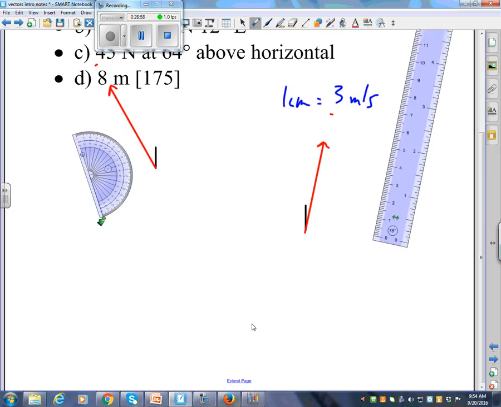So horizontal simply means flat. So above the horizontal, sometimes abbreviated ATH, above the horizontal. 64 degrees above the horizontal just means from a horizontal line.